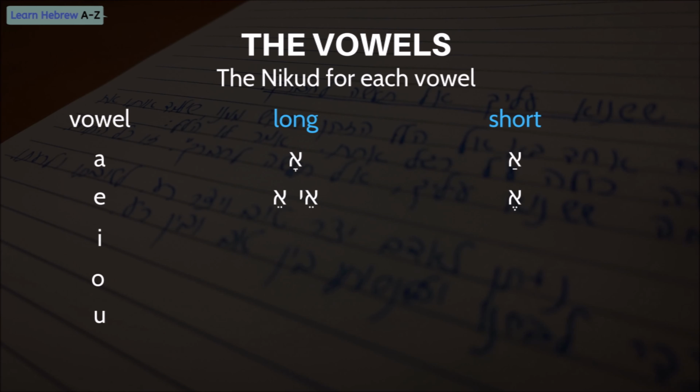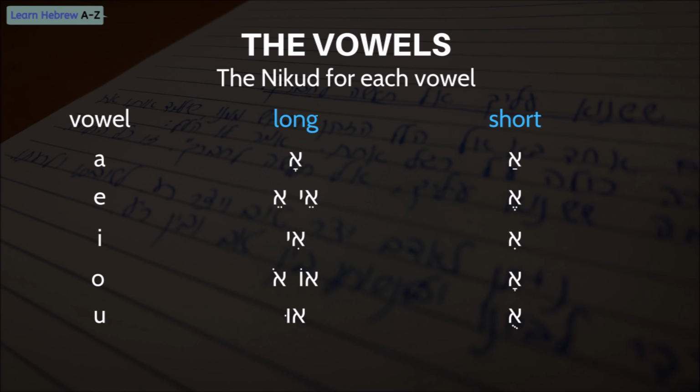The vowel i, represented by chirik male for long vowel, and by chirik chaser for a short vowel. The vowel o, represented by cholam and cholam male for long vowel, and by kamatz katan for a short vowel. The vowel u, represented by shuruk for a long vowel, and by kubutz for a short vowel.